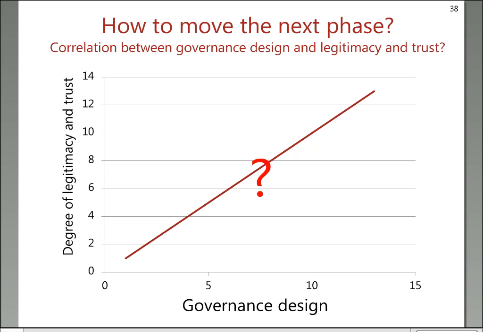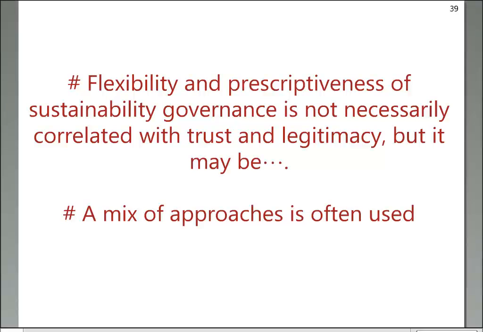So the question is, if this is true, how can you move from one phase to the next? Is there a particular governance design that moves us faster to more legitimate systems and higher levels of trust? This is also a question that we asked ourselves.